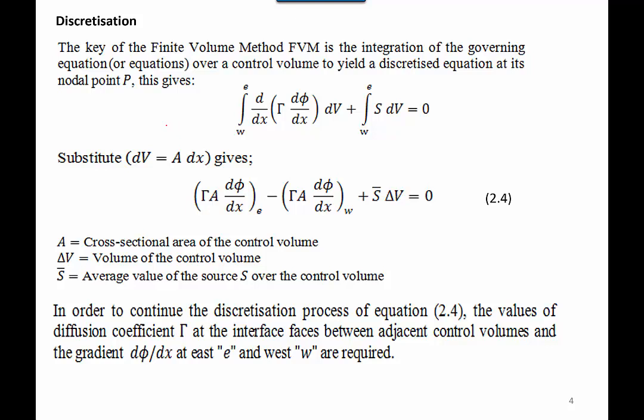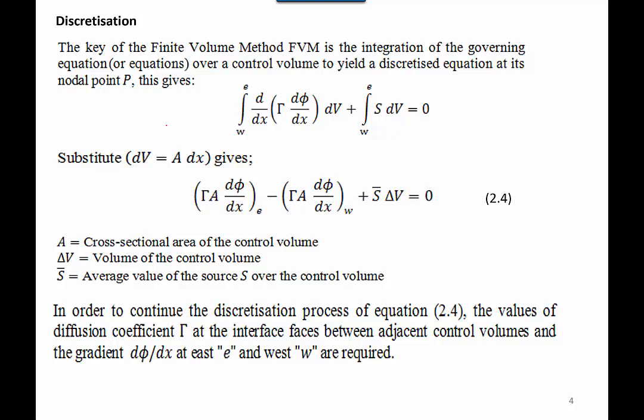So it will be the integral from west to east of d by dx, gamma d phi by dx, multiplied by the volume of the control volume, dv, plus the integral from west to east of the source term multiplied by the volume of the control volume, which equals 0.